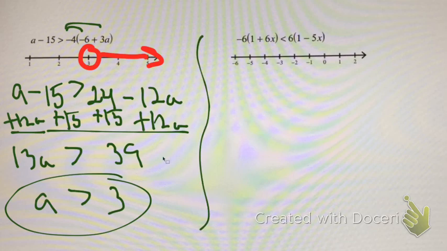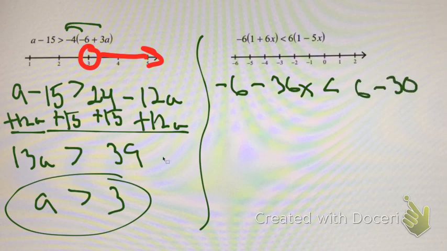Okay, this one looks interesting. Lots of 6's, so let's just multiply it all out. Minus 6 minus 36x less than 6 minus 30x. Pause in the action for a moment. And let's see what we got. What's the easiest way to go about this? Taking away the 6, no, that's not going to do it much good. Let's do this. Let's move the 36x to the right.